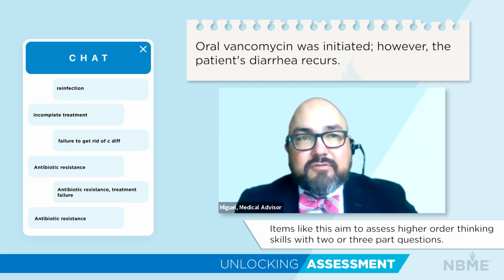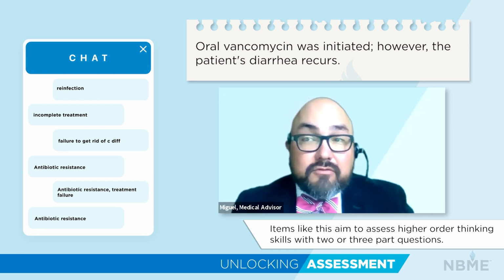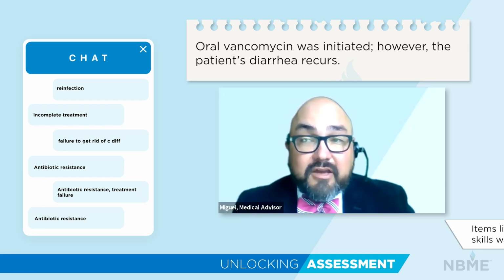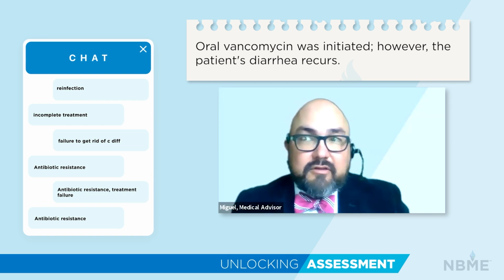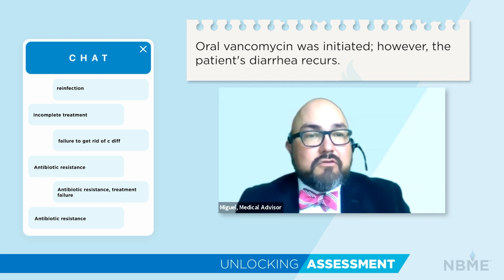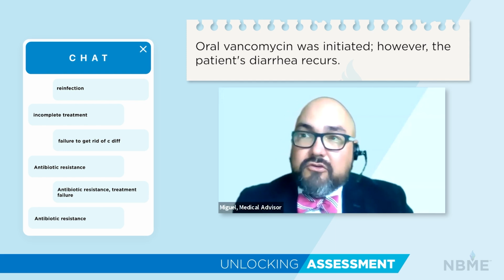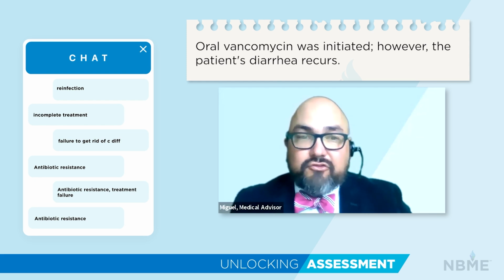How many different types of knowledge do you have to bring to this case to answer this correctly? You have to know about the microbiology of Clostridioides in this case, and spore formation, and how that acts in the bowel and how it may not be cleared. You have to know about pharmacology and antibiotics and how they actually operate on a bacterium, right?